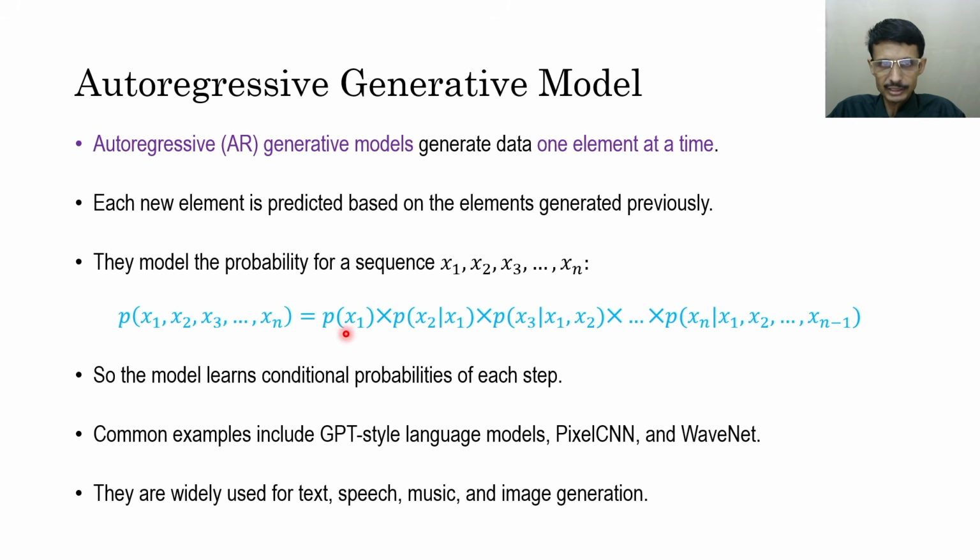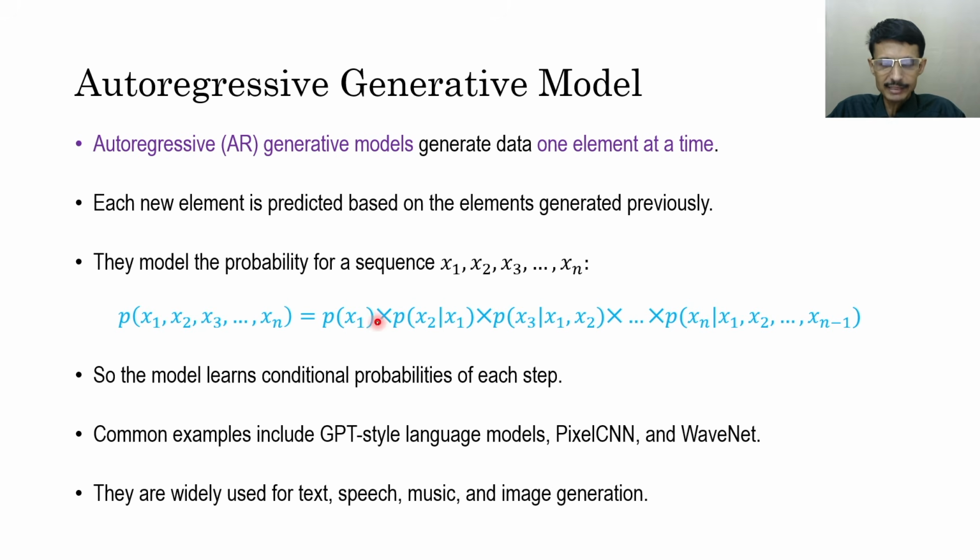That means x1 is already generated. Upon generating x1, what is the probability of x2? Again multiply that: given that x1, x2 have been generated, what is the probability of x3, and so on. So for xn, x1, x2 up to xn minus 1 are already generated, and observing these, what is the probability of xn.